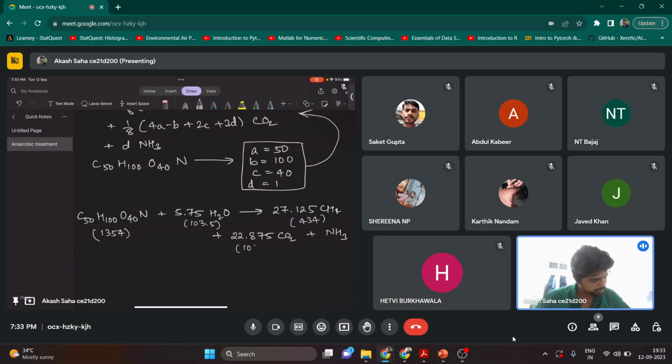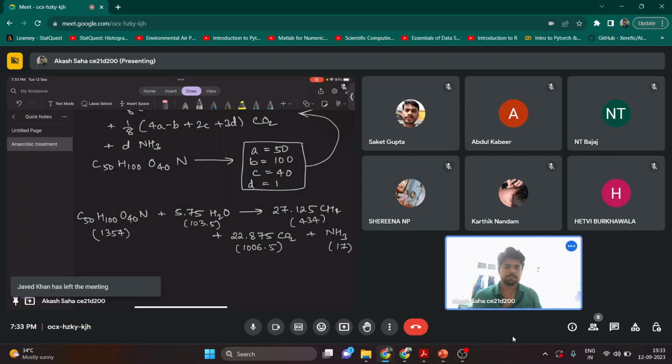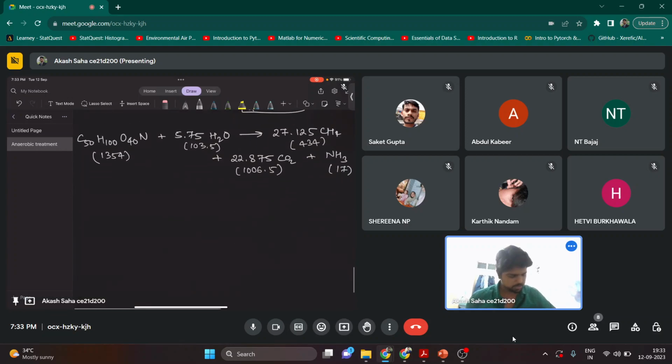For this it will be 1006.5 and this will be 70. Okay. So we got the molecular weight of everything. So now we will see the total weights of every gas that we have produced. So we know that the total dry weight is 500 kg per day.